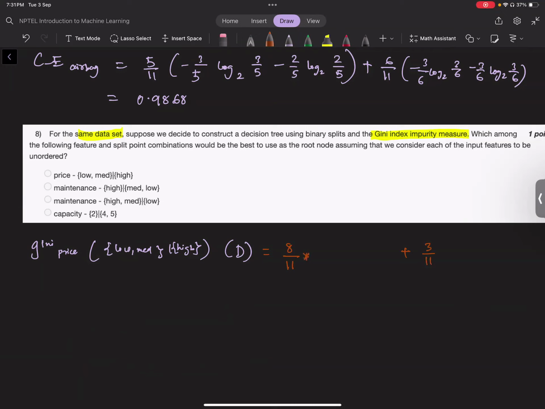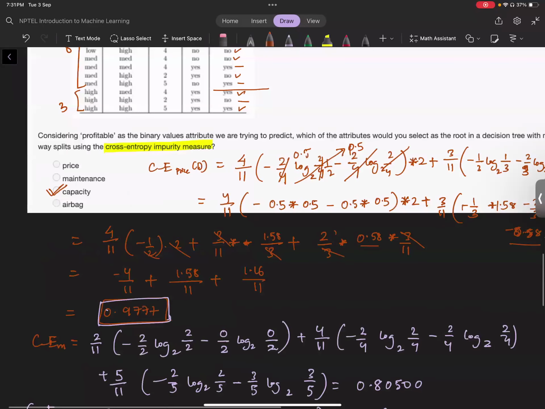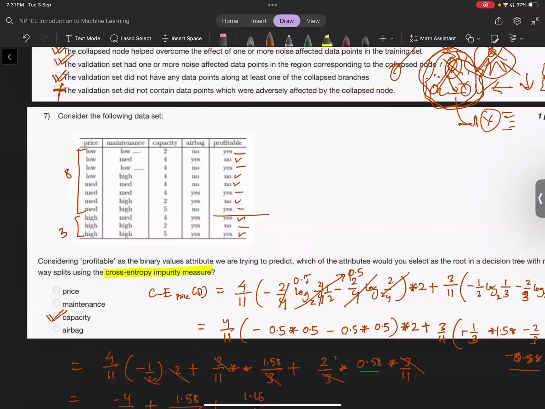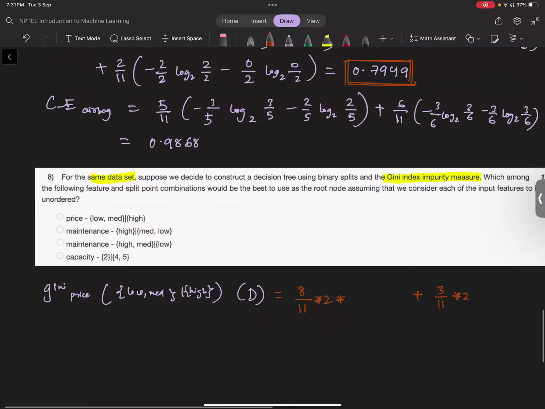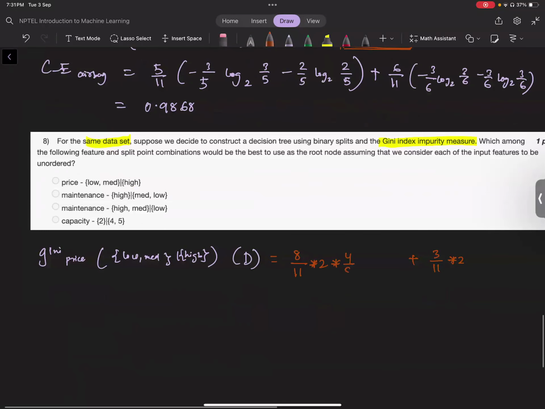We multiply it by 2, then multiply this by the number of yes and no. For low and medium, the number of yes is 4 and no is 4, so it is 4 by 8 times 4 by 8, plus here the number of yes is 2 and the number of no is 1, so 2 by 3 times 1 by 3.